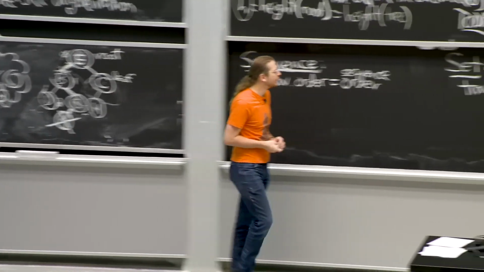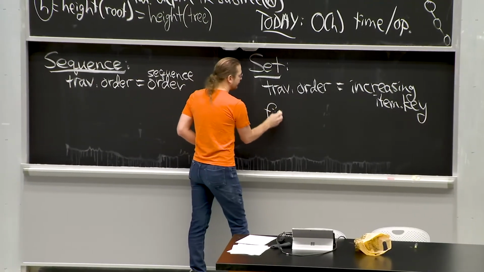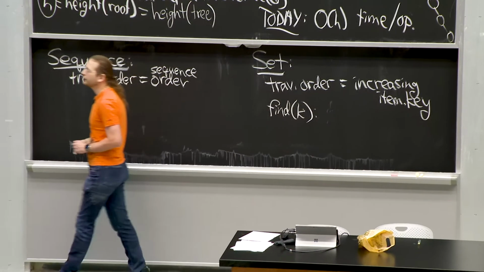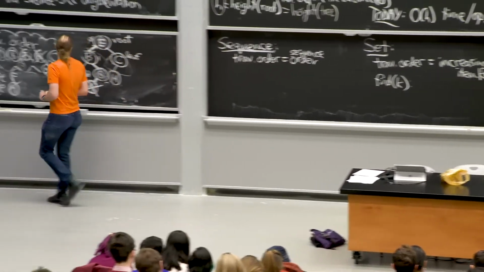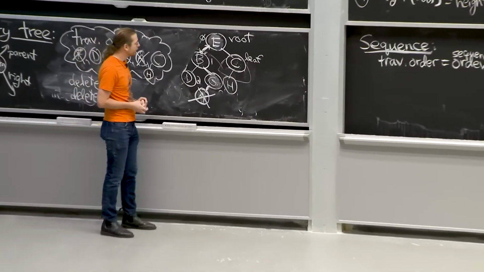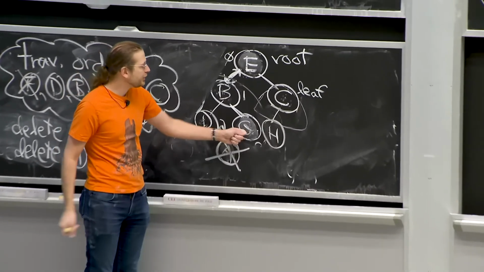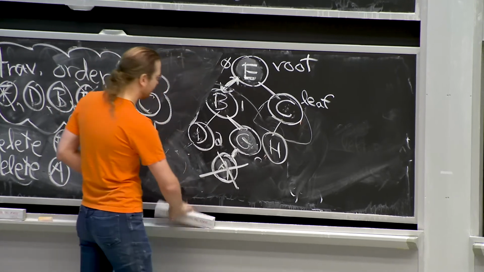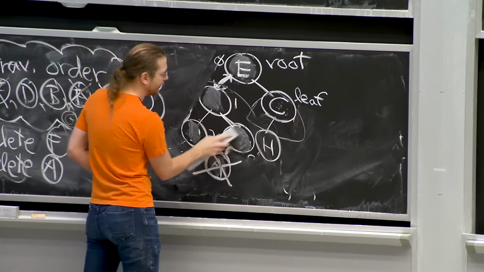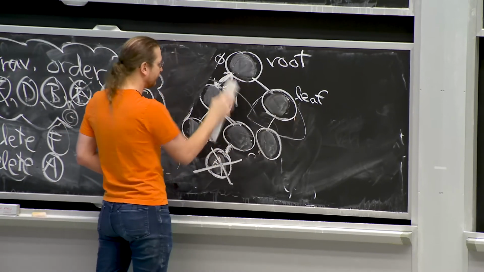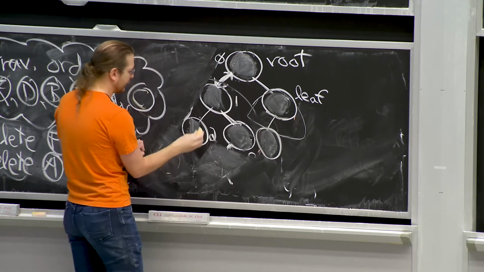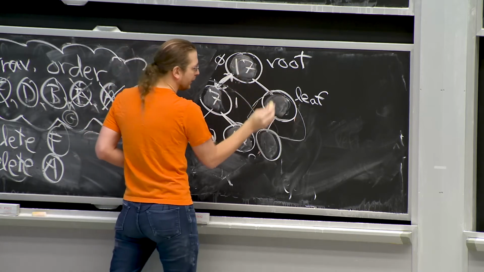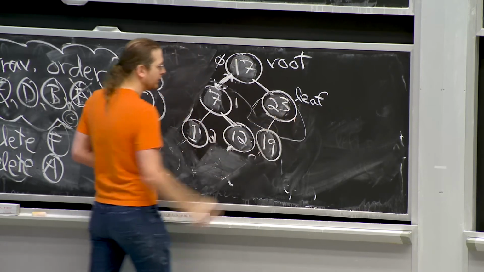So maybe most enlightening, for starters, is finding a key in a tree. So this is going to correspond to binary search. If I'm searching for a key, let's say I'm searching for G's key, it's maybe hard in this example, so maybe I'll replace these all with numbers so I can think about key values. Okay, so let's say 1, 7, 12, 17, 19, and 23.